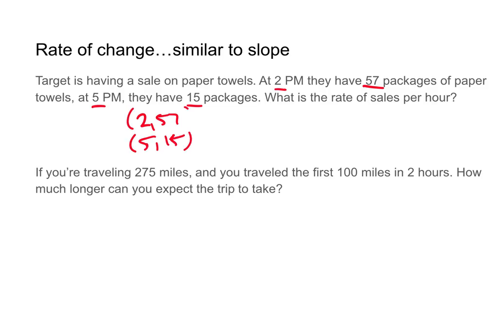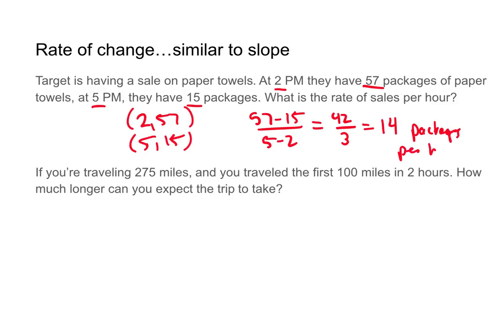Kind of what is your rate of sales? Well, that's just going to be y minus y over x minus x. So that is going to be 42 divided by 3, which is going to be 14. So they're selling 14 packages per hour.